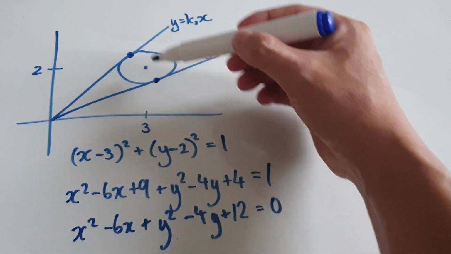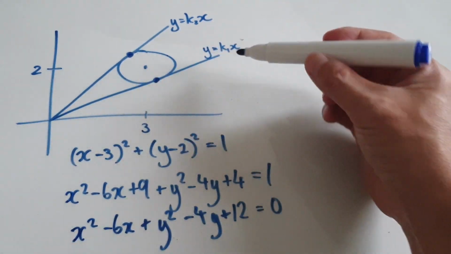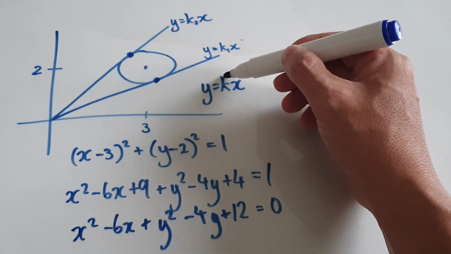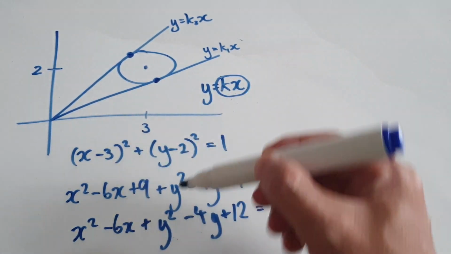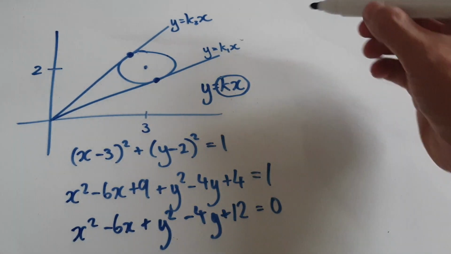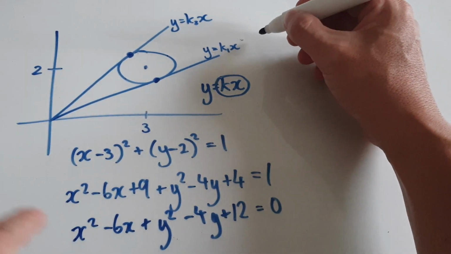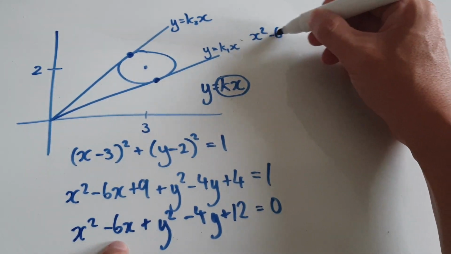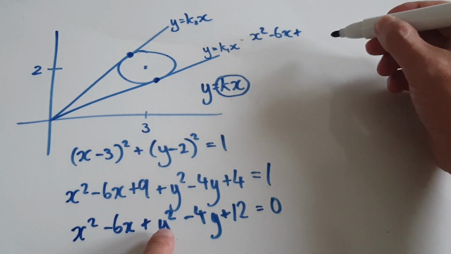At the intersection of the circle and the straight line, y is the same as kx. So we've got to put this into all the places containing y. So y here and y here. So that will then become x squared minus 6x plus y squared.